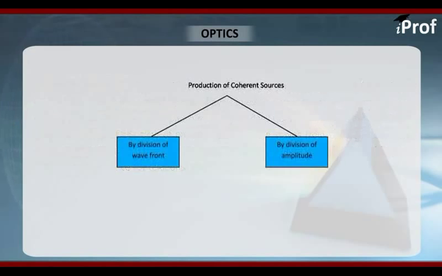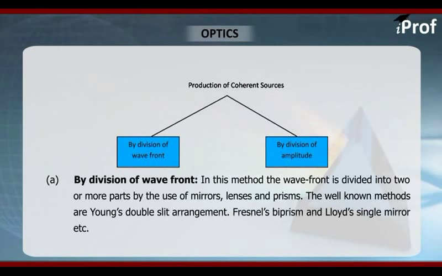Now these coherent sources are produced by two methods. The first method is by division of wavefront. In this method, the wavefront is divided into two or more parts by the use of mirrors, lenses and prisms.